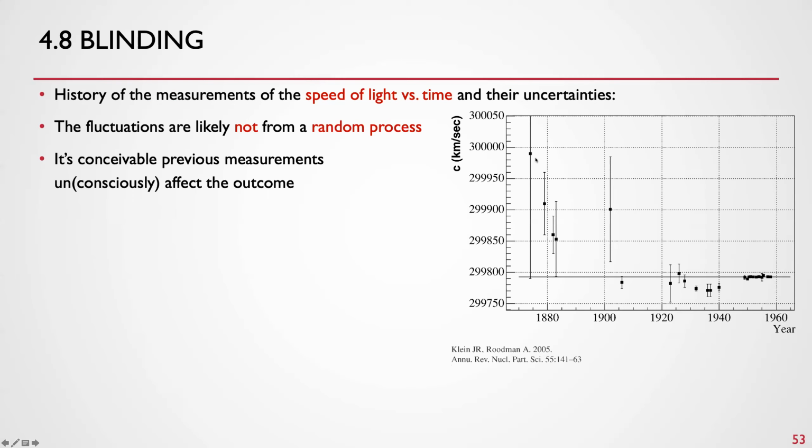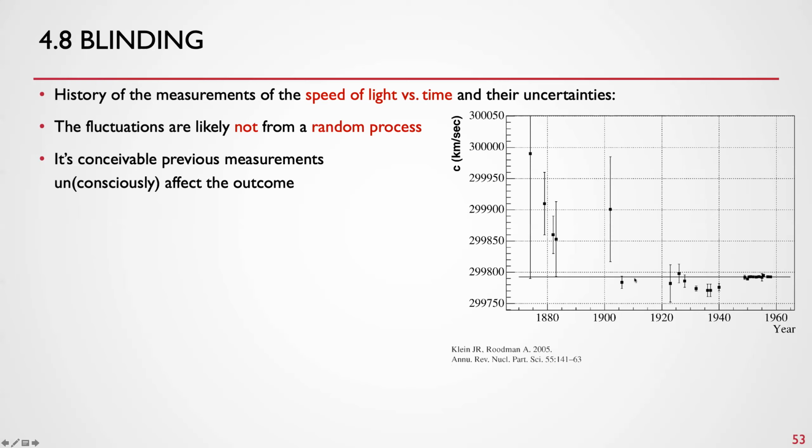Now, people were not at all concerned about statistics, systematic uncertainties, and the blinding process. So the first measurements all found, with independent methods, too high values. In hindsight, it was clear that the measurements were tuned so as to not disagree too much with the famous professors who had done the measurements before, until suddenly one measurement found a much lower value with a new method with a much lower uncertainty.